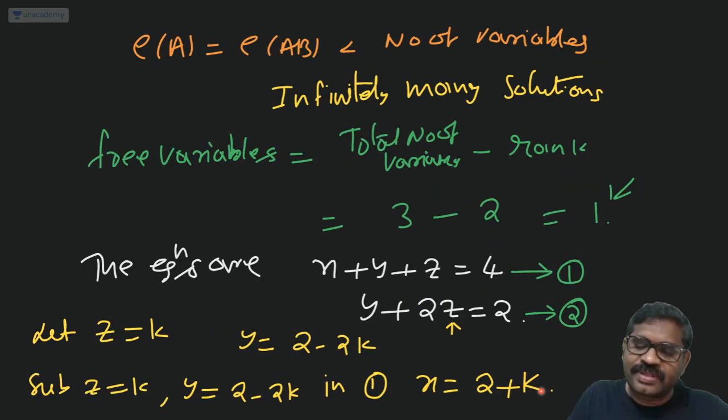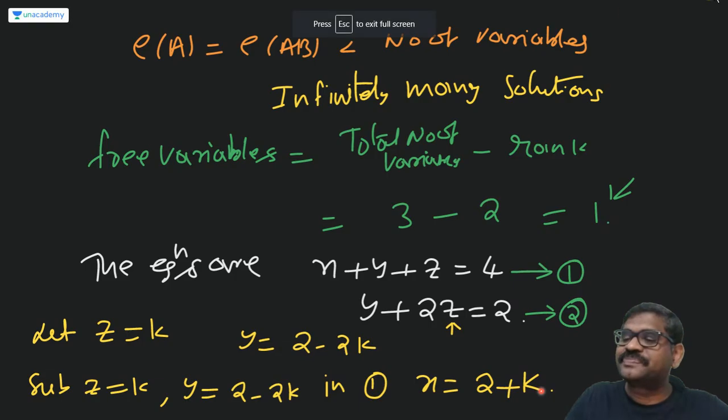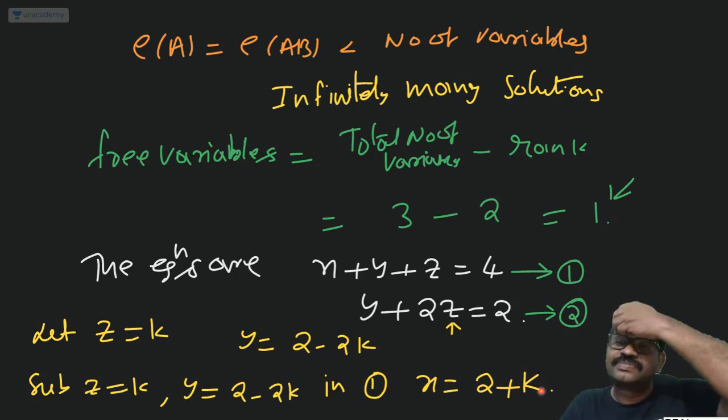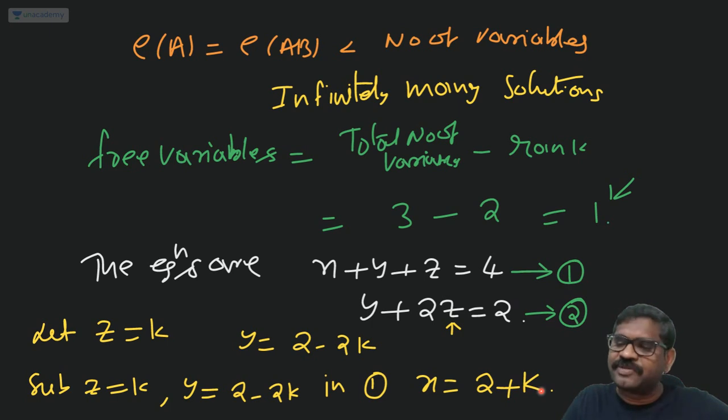Now, previous slide. Aniket Sharma asks: if the value of k is 0, then all the variable values will become 0, then how will the non-homogeneous system be balanced? 0 equal to some value will come.